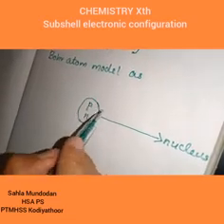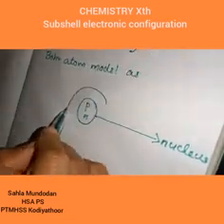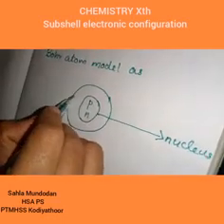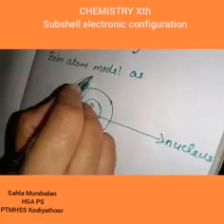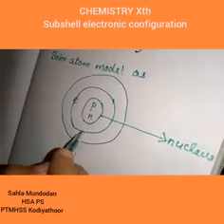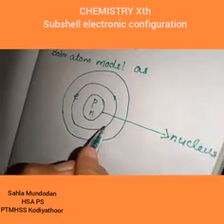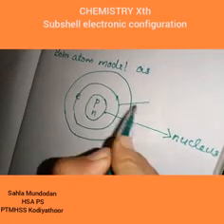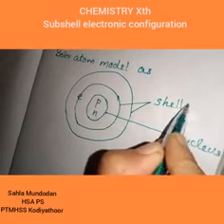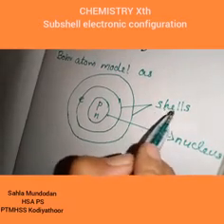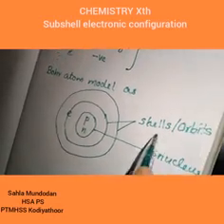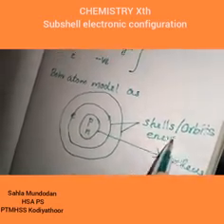Then the electrons are revolving around the nucleus. These paths for movement of electrons are known as shells. They may be called orbits or energy levels.